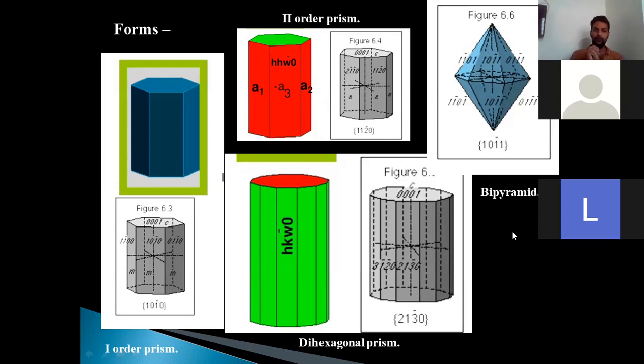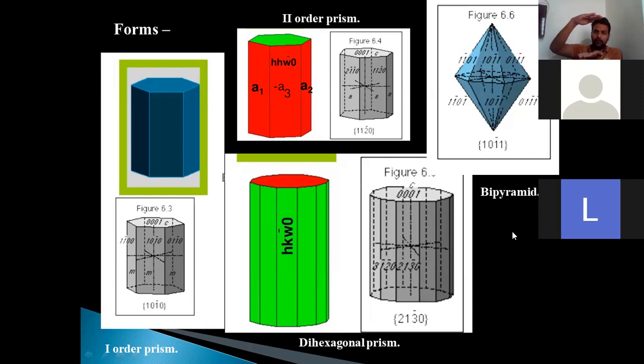The third well-known form is dihexagonal prism. So if there are 6 faces in the prism, then of course in the dihexagonal prism there will be 12 faces, and accordingly the notation will change. 2 1 bar 3 0 is the representative notation for the dihexagonal prism. And you must remember that the prism is an open form, so it only consists of 6 or 12 faces.